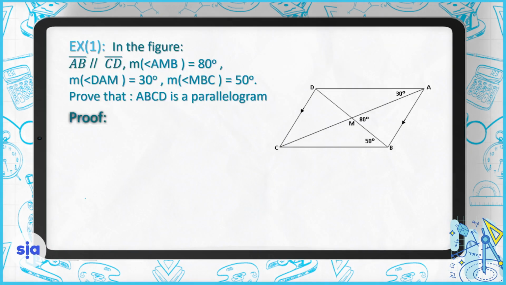If AB is parallel to CD and the measure of angle AMB is 80 degrees and angle DAM is 30 degrees and angle MBC is 50 degrees, the question wants me to prove that ABCD is a parallelogram.